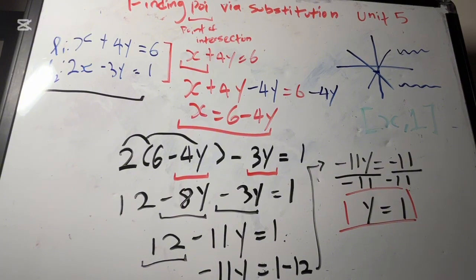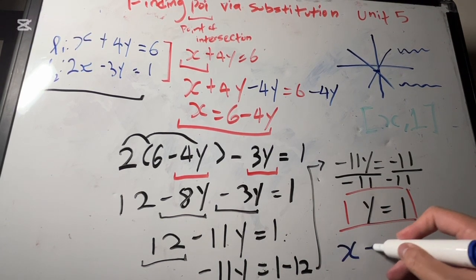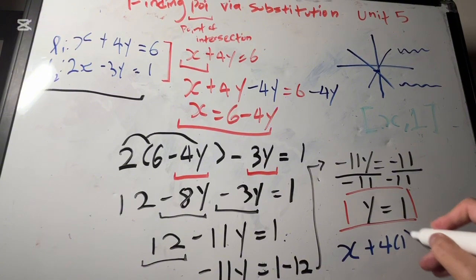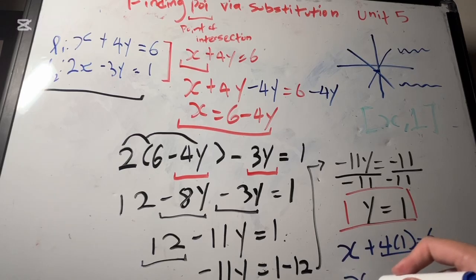Now what we want to do is take this y value and plug it back into the simple equation to find the x value. I'm going to switch colors here. We have x plus 4 times 1 equals 6. And we know that this is just 4. So x plus 4 minus 4 equals 6 minus 4.